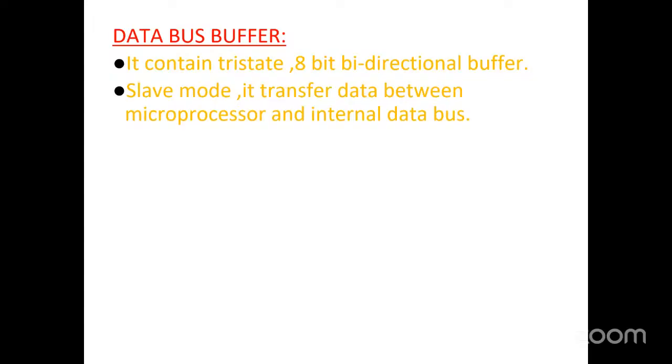Next, in slave mode, whenever the processor is controlling the 8257, the 8257 acts as a slave. Under slave mode, it transfers data between the microprocessor and the internal data bus. That is called the slave mode. In slave mode, the data transfer is between the processor and the data bus buffer, D0 to D7.